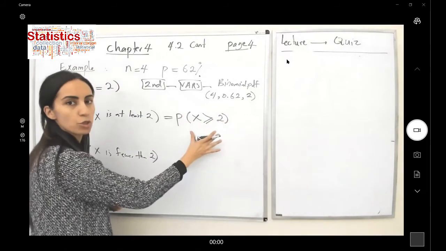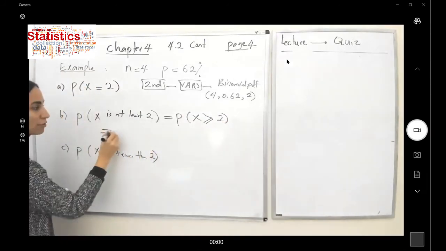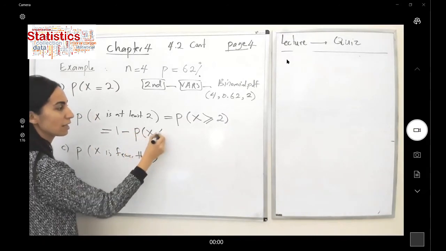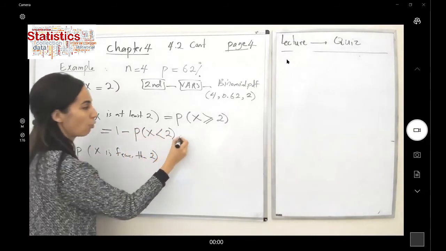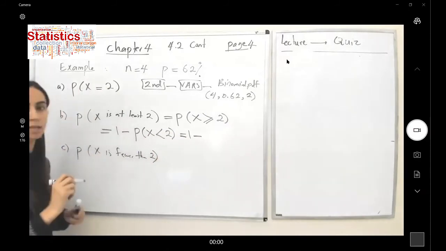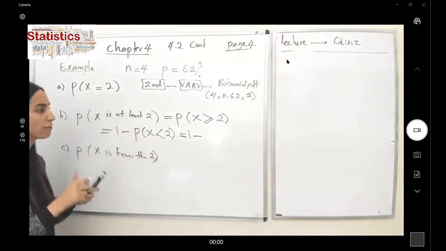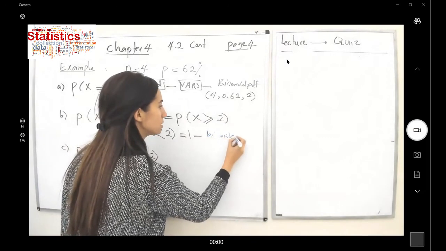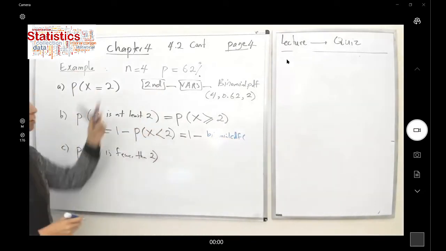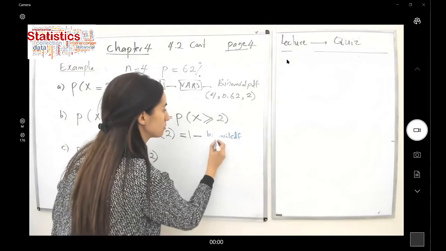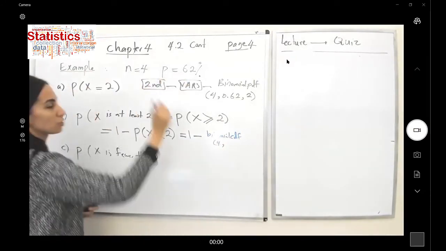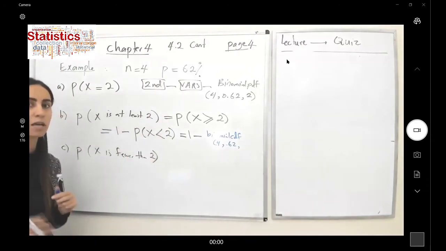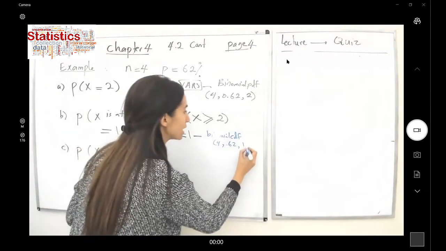So this is equivalent to saying that you have 1 minus P of X less than 2, or 1 minus binomial CDF, for 62%, 0.62, and since it is less than, we have to subtract 1 from 2 as well, 1.